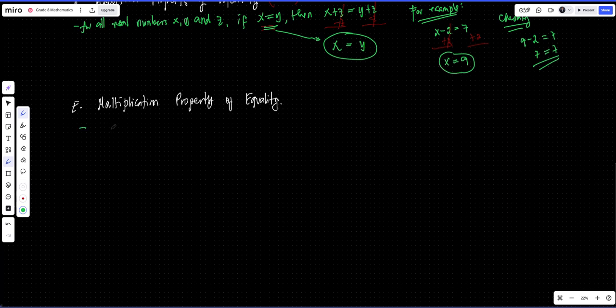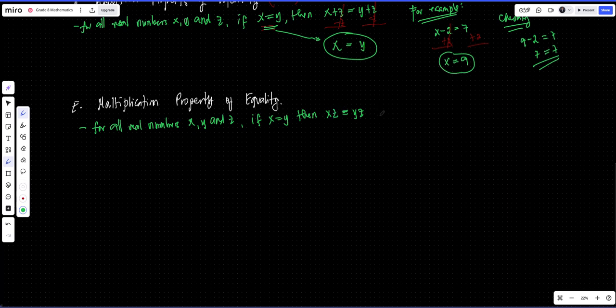Now let's move on to the multiplication property of equality. Sa multiplication property of equality, for all real numbers x, y, and z, if x is equal to y, then xz is also equal to yz. Okay?